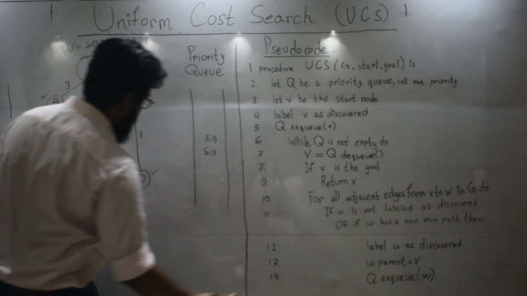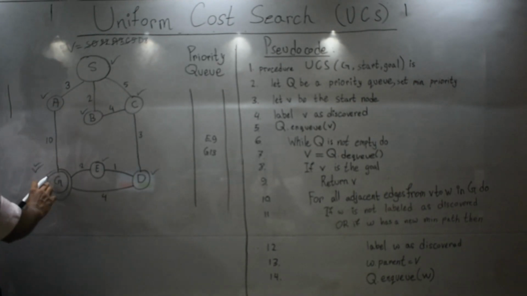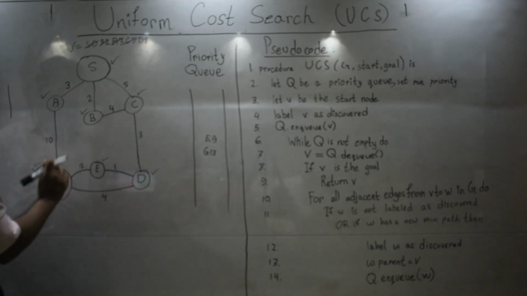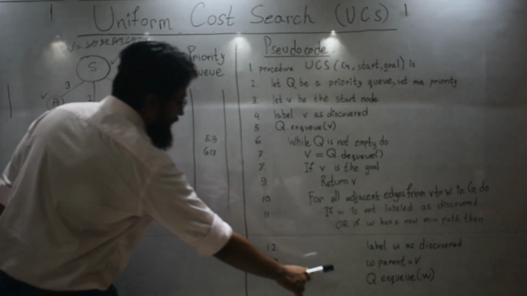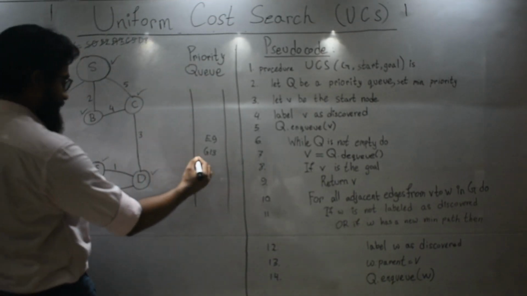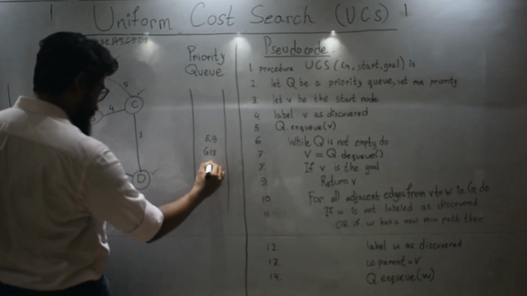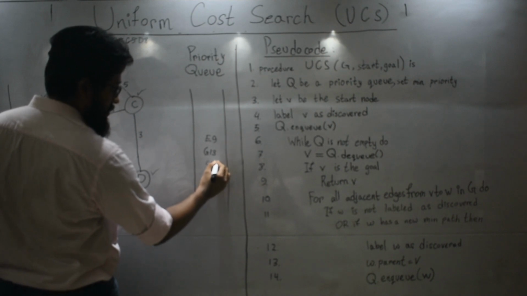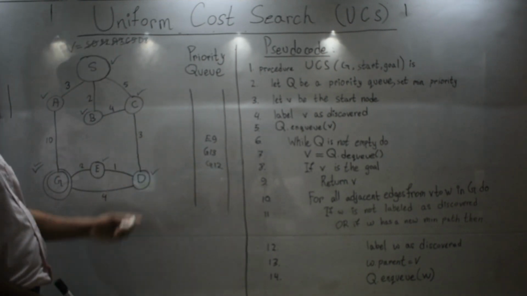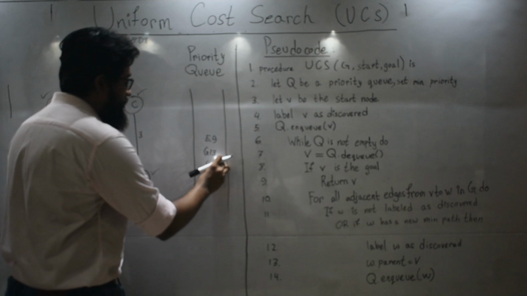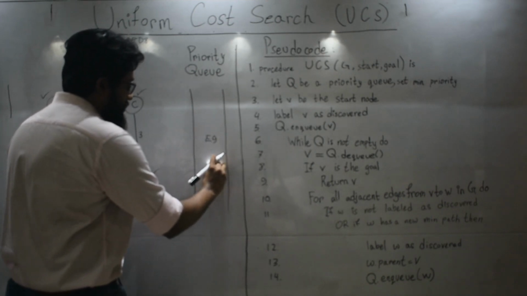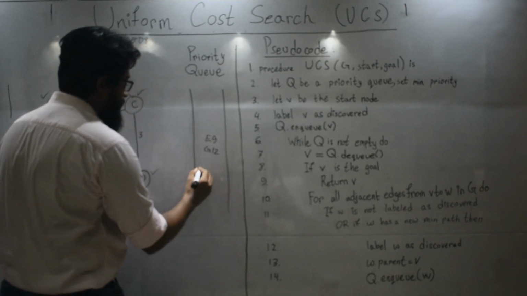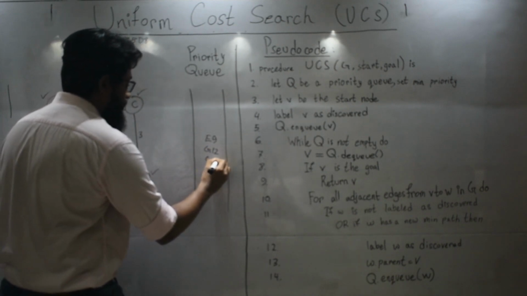So we will perform these. So let's label it. And now we have a new parent of G. The parent is D. And let's NQ G with the value of 12. Now again we will sort the priority queue. Here will be G12 and here will be G13.